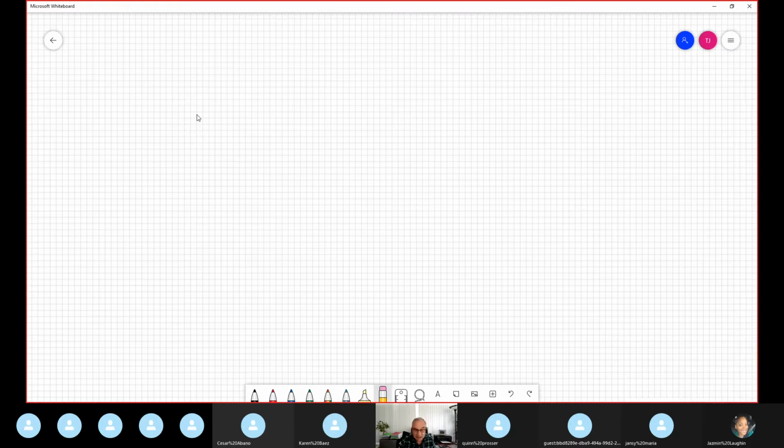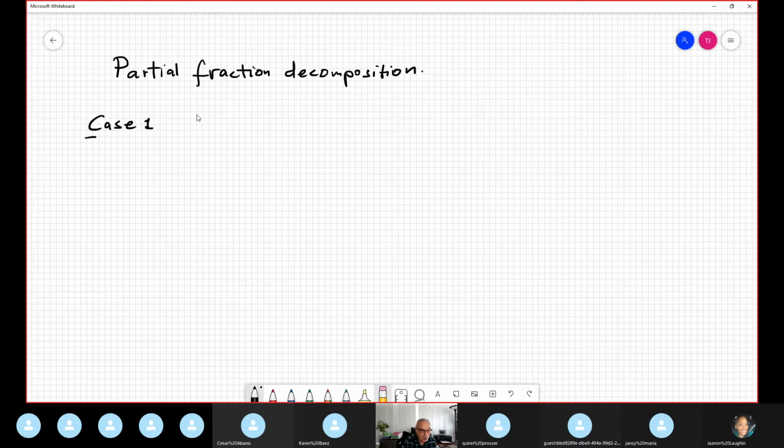Okay, now I propose you look. We have basically in the partial fraction decomposition problem, we have 4 cases. Case 1 is the most common case.